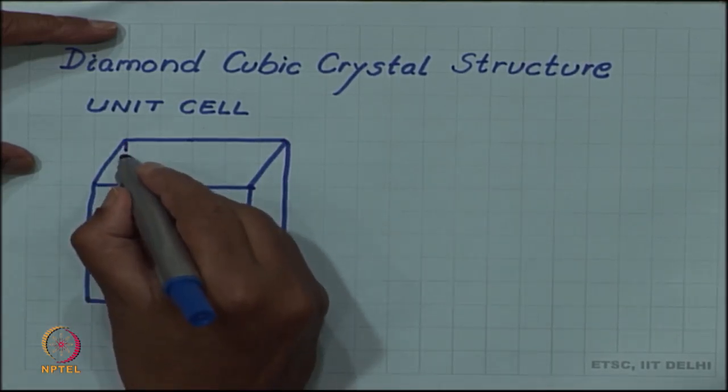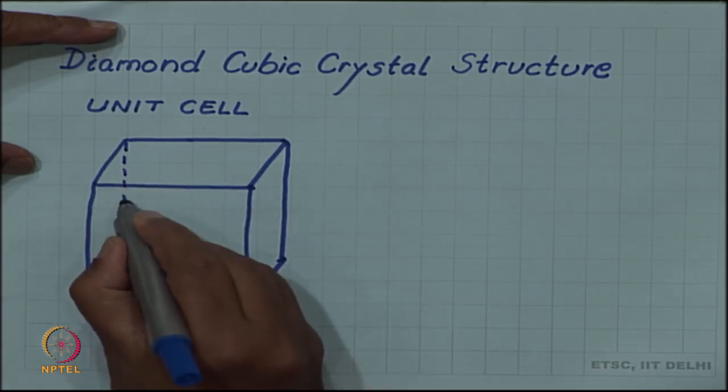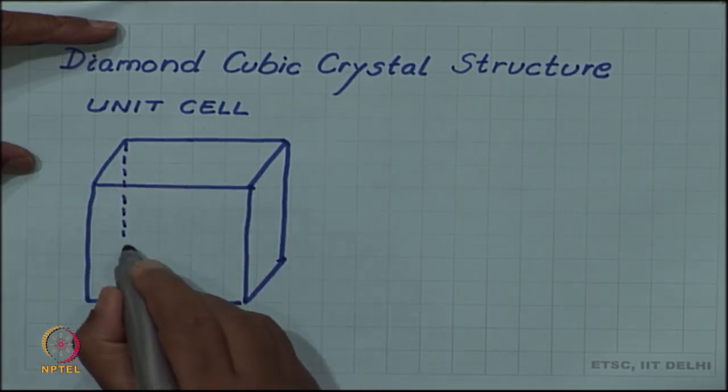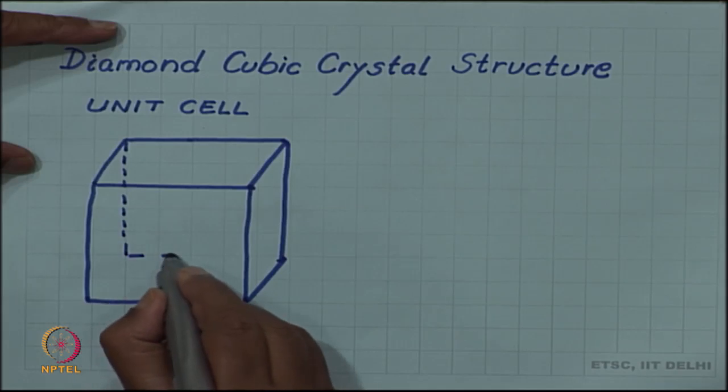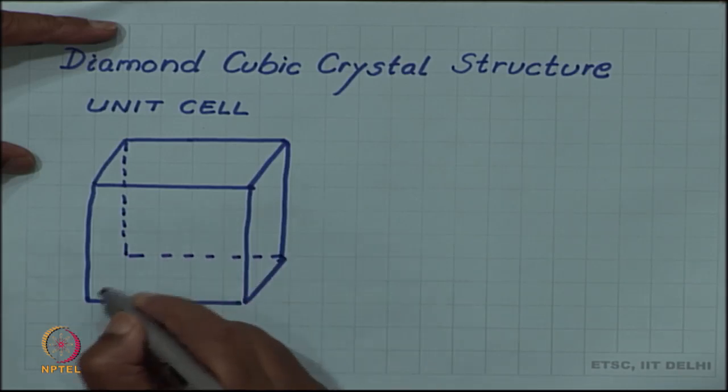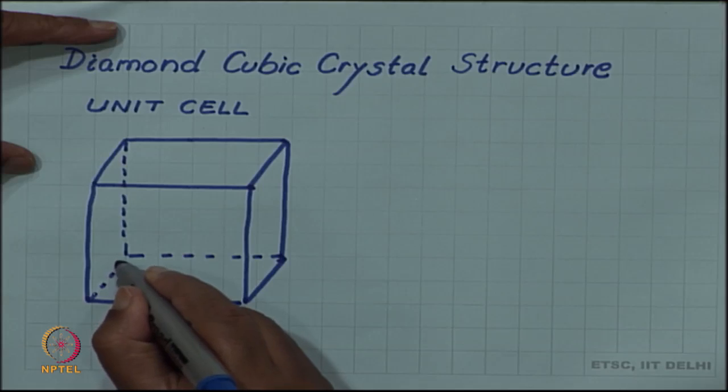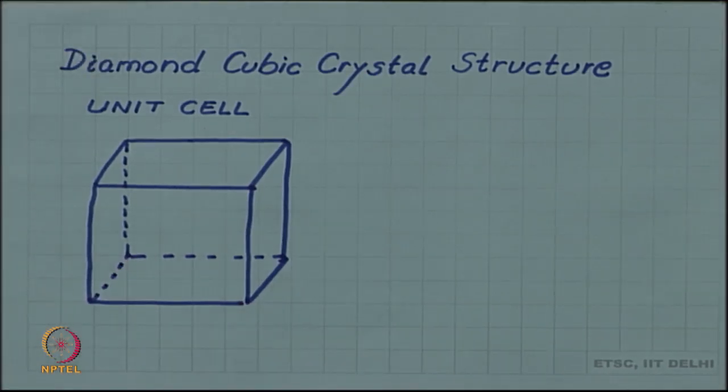So, I am beginning with a cube. This is a skeleton cube and will become diamond cubic when we populate it with properly located atoms.